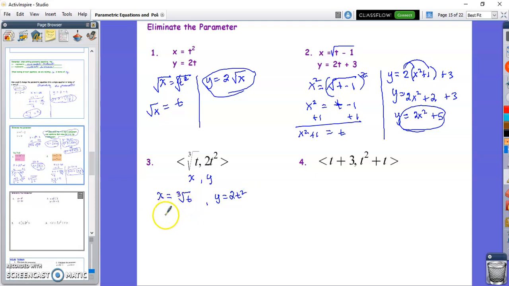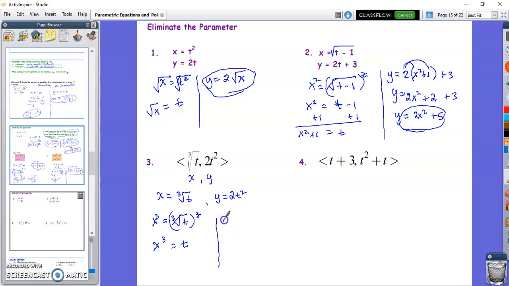Solving for t from my x component, I will raise this to the third power so that I can cancel this out. So we have x cubed equals t, and my t is x cubed.